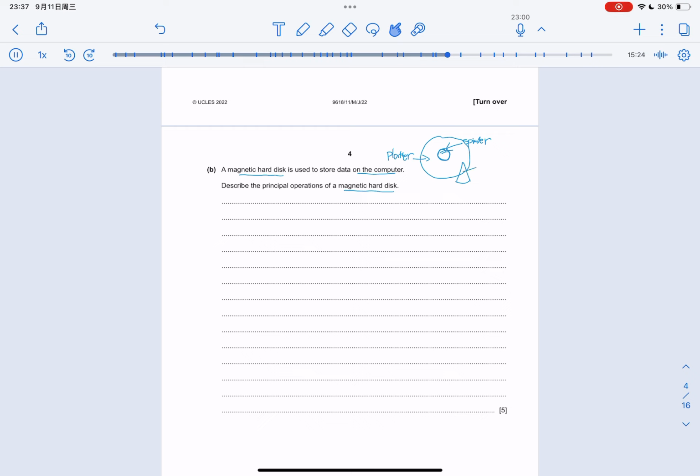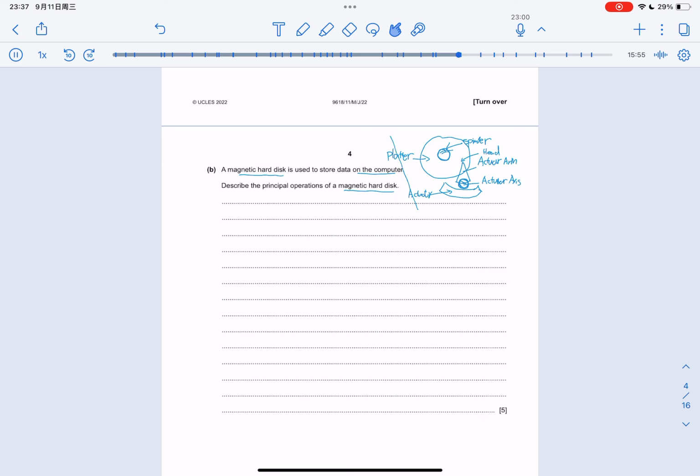It's called the actuator arm. This small point we call the head, and the one to turn the head is called the actuator axis. Here is something surrounding it. It's called the actuator.